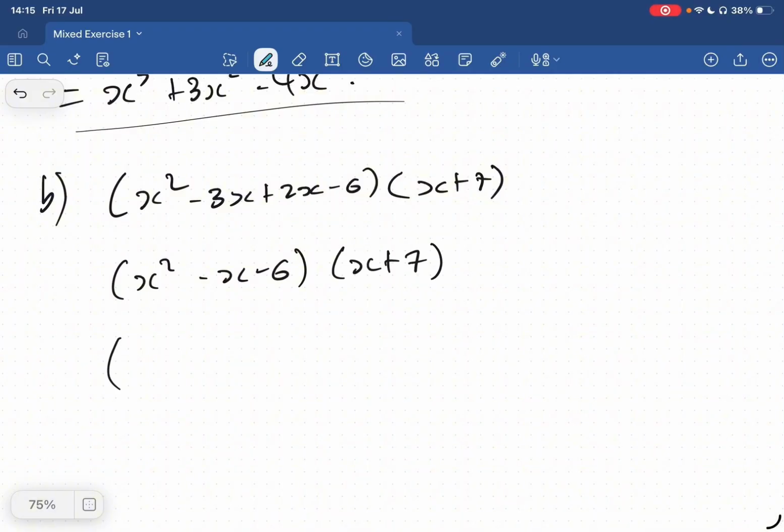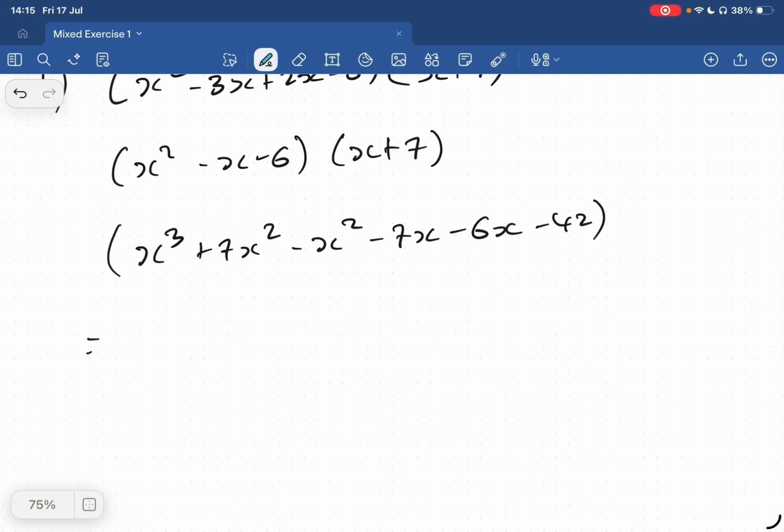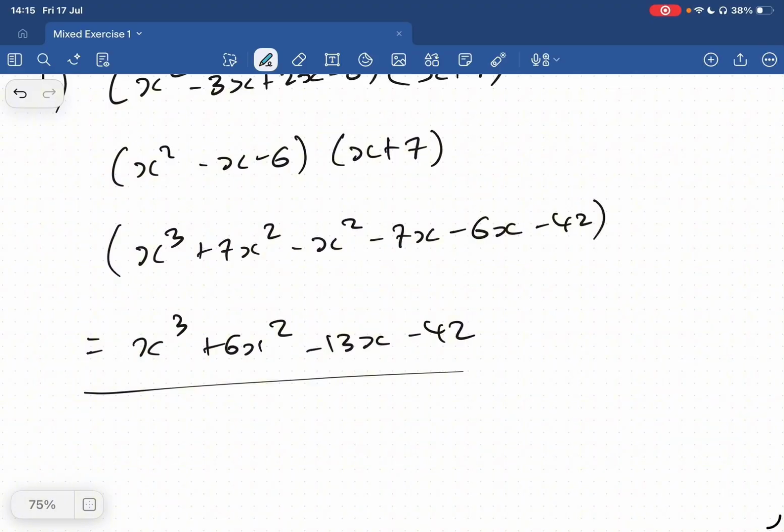And now we expand it, so x cubed plus 7x squared minus x squared minus 7x minus 6x minus 42. Okay, collect like terms, we've got x cubes, we've got x squareds, we've got our x's, and we've got our normal numbers. Okay, and that's our final answer there.